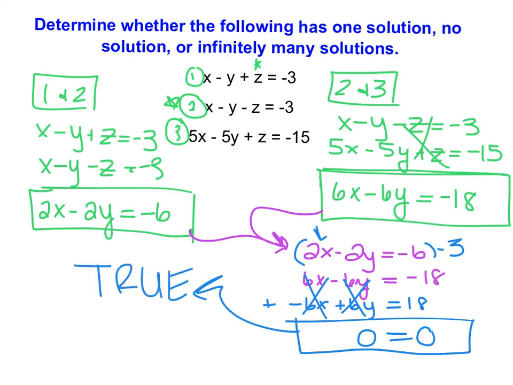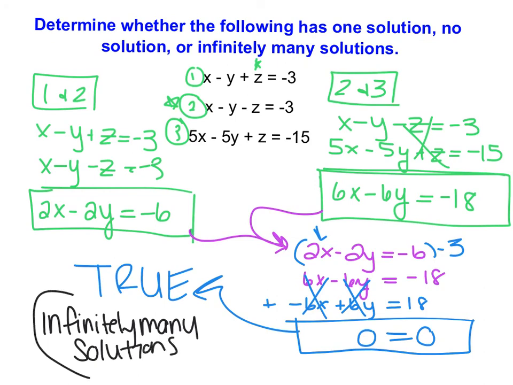That's what you should be noticing. If we try to solve using elimination and we end up with a situation with no variables that is true, this is telling us that we have infinitely many solutions. That means that when our three planes cross, they're crossing in a line of points. It's not just a single point in the 3D world. As a result, we have to represent our answer as infinitely many solutions.